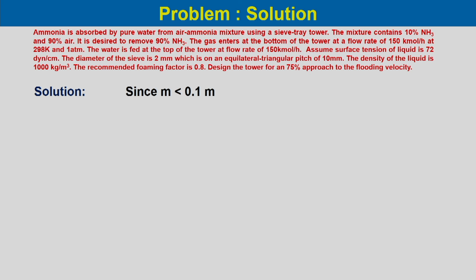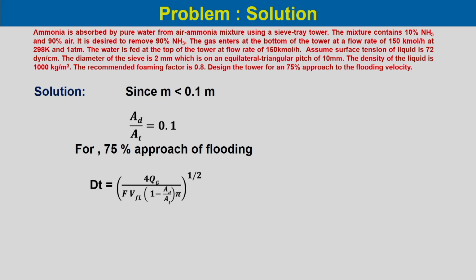Since m is less than 0.1, we can take AD by AT equal to 0.1. For 75% approach to flooding, we can calculate dt, which is equal to 4 Qg divided by F VFL into 1 minus AD by AT into pi, to the power half.